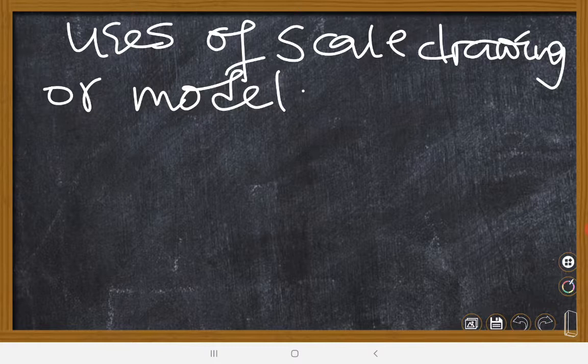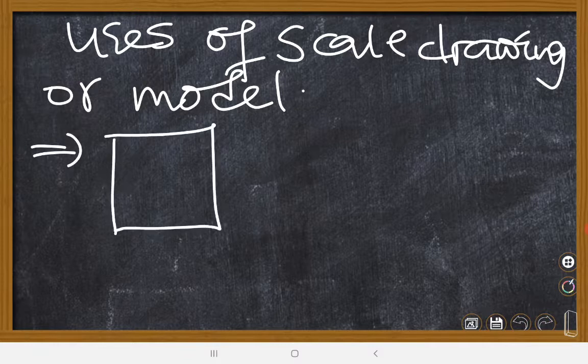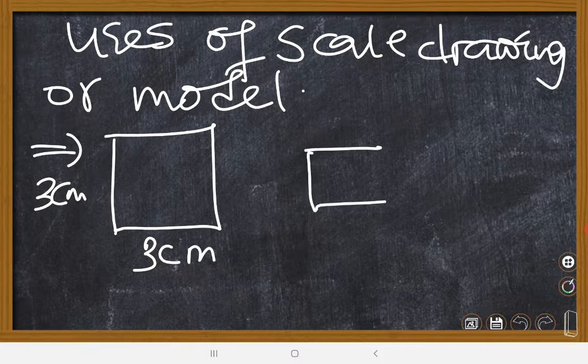So it is very useful in real life application. Now an example of reduction and enlargement. Let us assume this rectangle is not drawn to scale. Let's assume it is a square, 3 centimeter by 3 centimeter. If I reduce it to a smaller one, let's say 3 millimeter by 3 millimeter, I have reduced this bigger square to the smaller one.